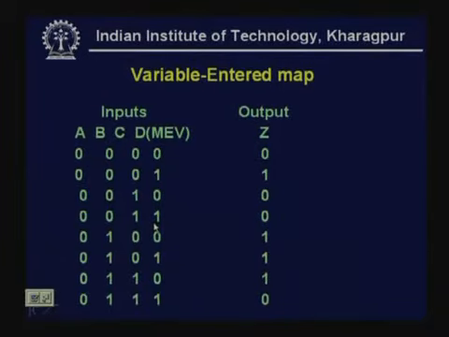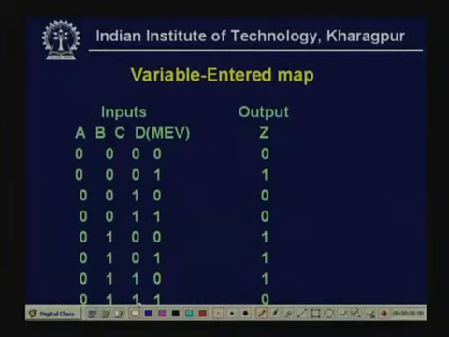Now actually this is my 4 variable function. If we draw the normal Karnaugh map, it should be a 16 cell, that means 4 by 4 map. Instead of that, we have reduced it into 3 variables.